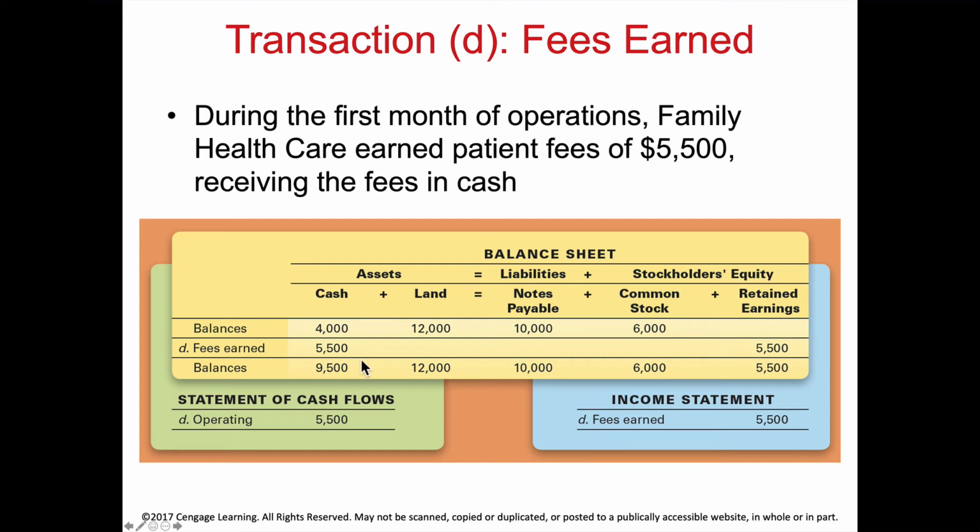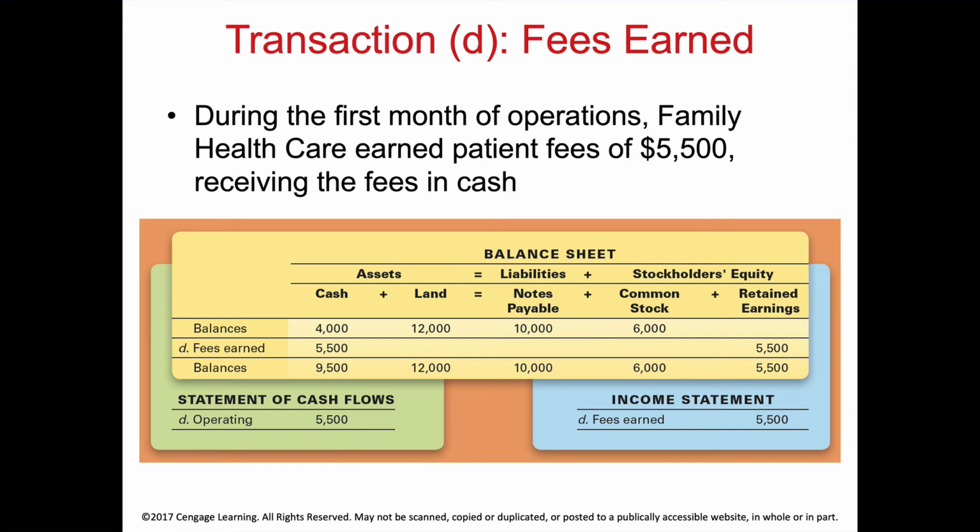And over here, now you see how this is becoming more complicated. Right now we've got 2 categories of assets, 3 categories of liabilities and equity. And then the other thing is, on our cash flows, all of these cash transactions have to be categorized, and this was an operating activity.